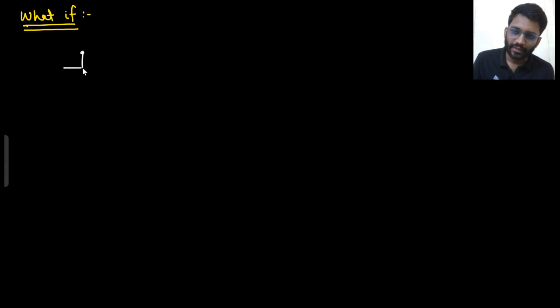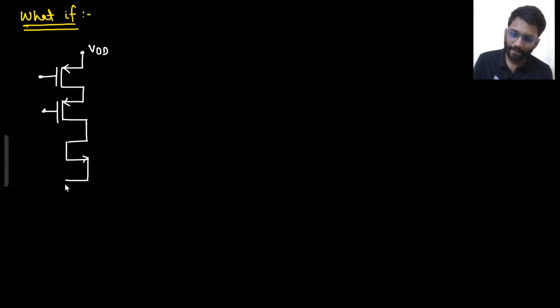So first let's make the current source. This was the current source. These were the DC bias. So this was the current source, VDD, and then this was the amplifier.